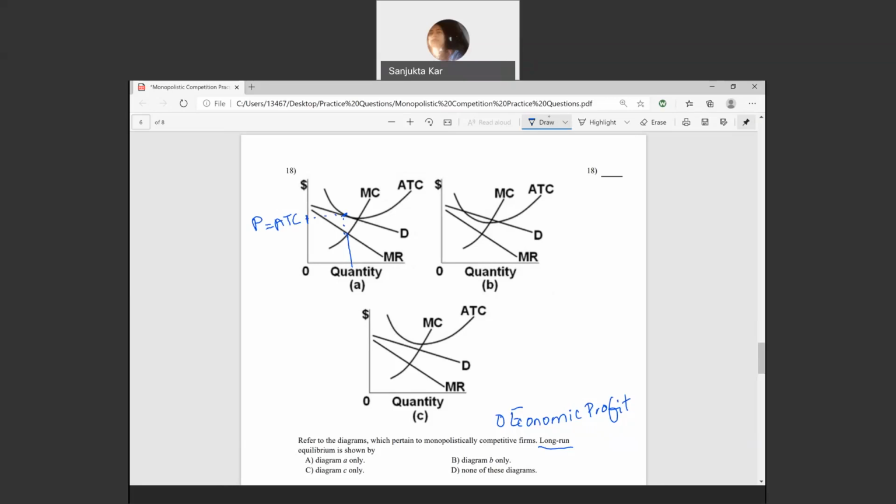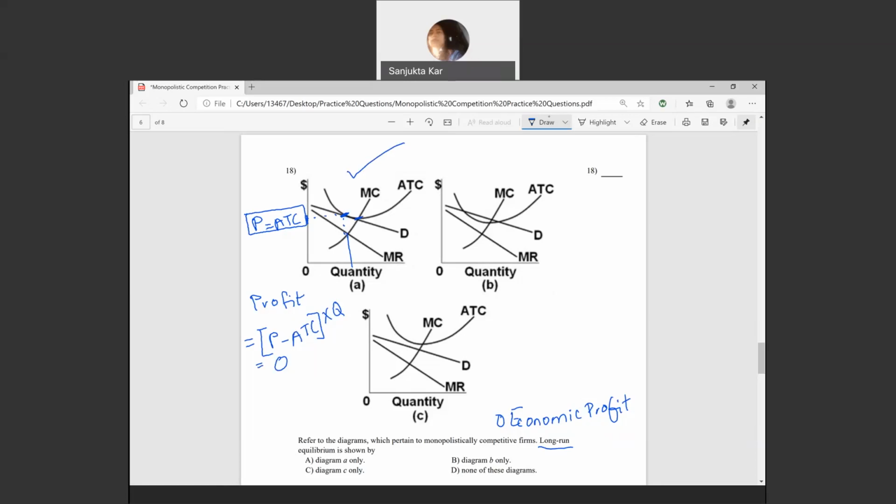This is the lowest point of average total cost, but this is some other point of average total cost. And from here, price is equal to average total cost. If you recall the definition of profit, which is equal to price minus average total cost times output, from graph A the profit is equal to 0. So this is the long run for a monopolistically competitive market structure.